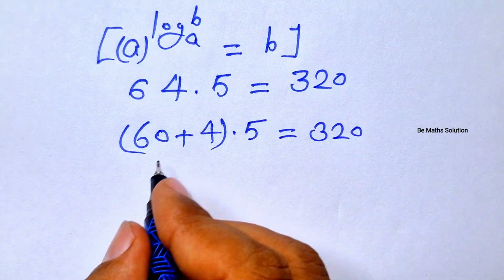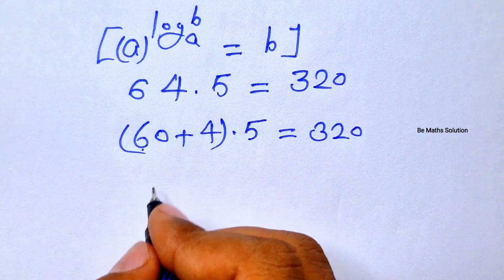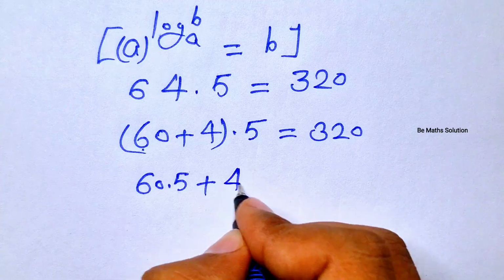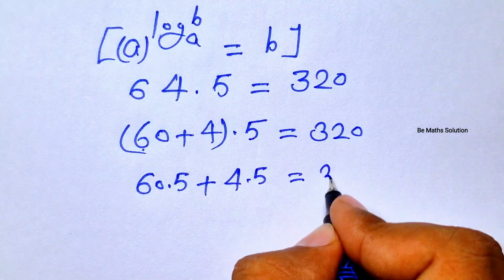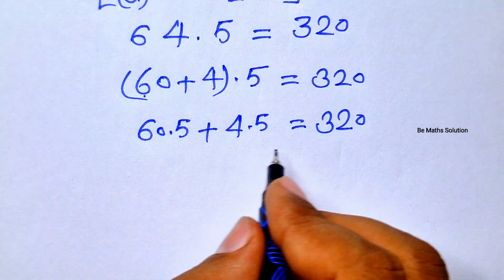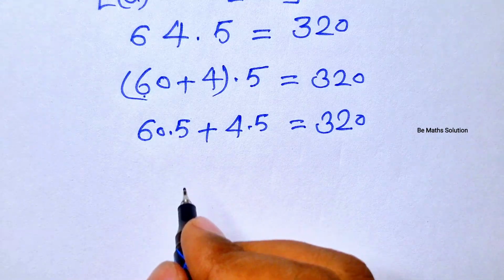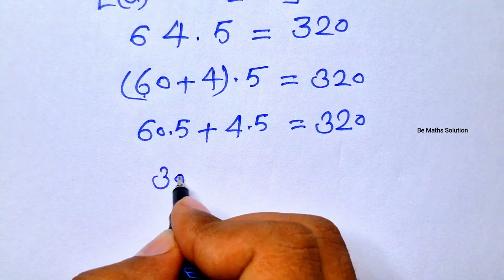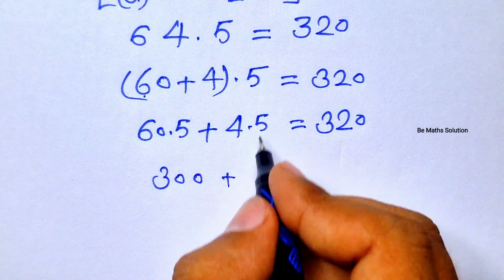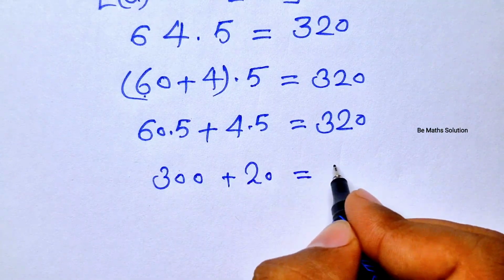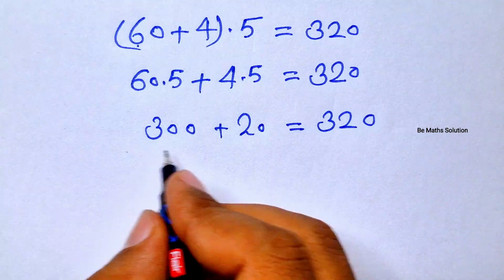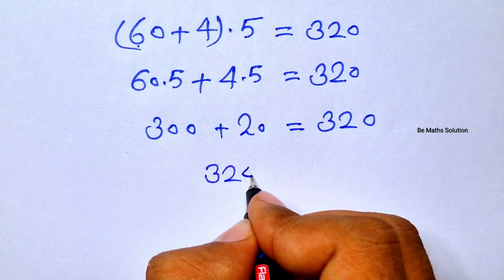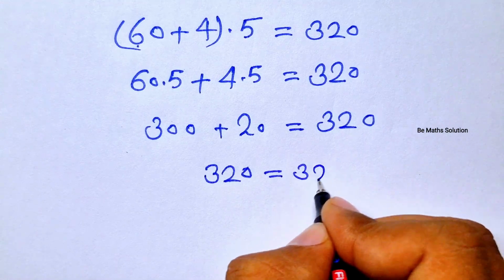Then it will be 60 times 5 plus 4 times 5 is equal to 320. Then 60 times 5 is 300, plus 4 times 5 is 20, is equal to 320. Now 300 plus 20 is 320, is equal to 320.